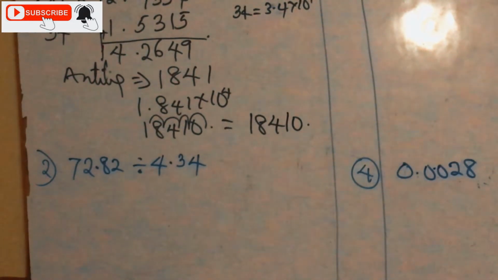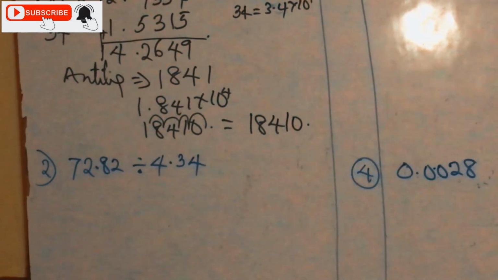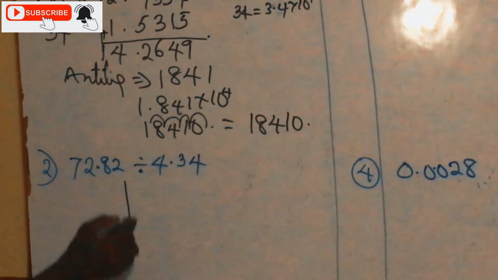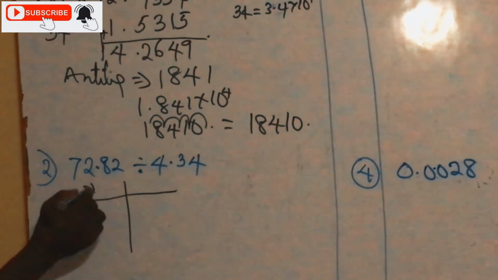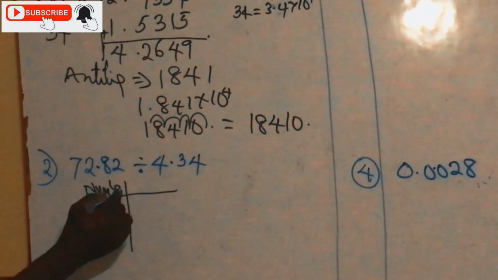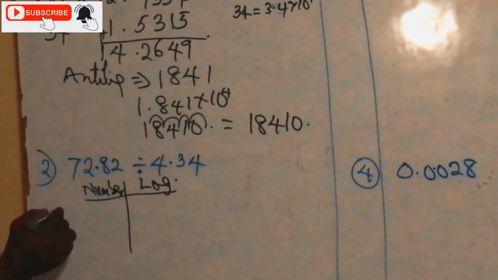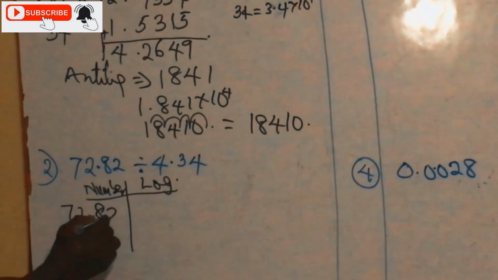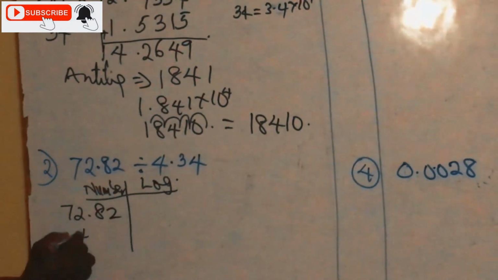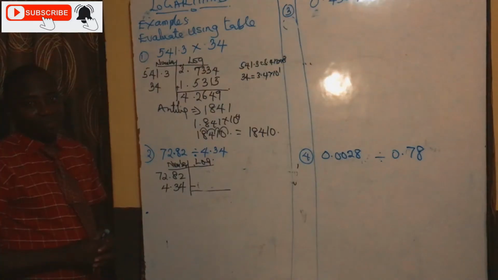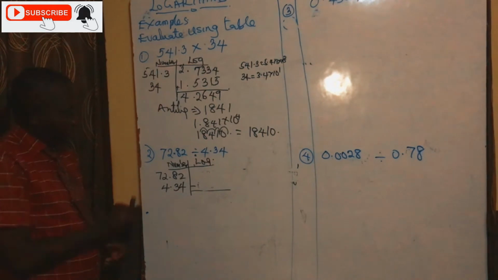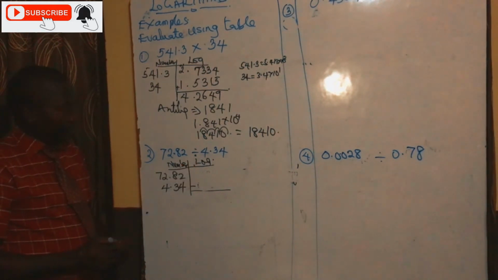Going to the second example, we draw the line. Number, log. 72.82 divided by 4.34.